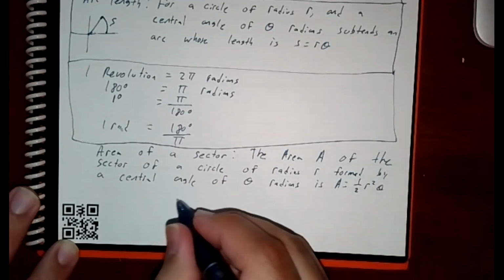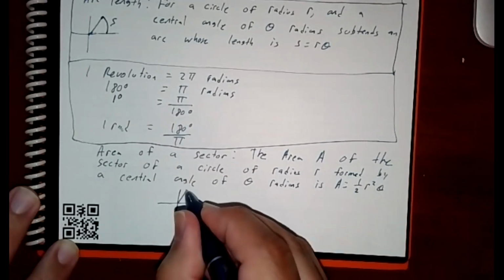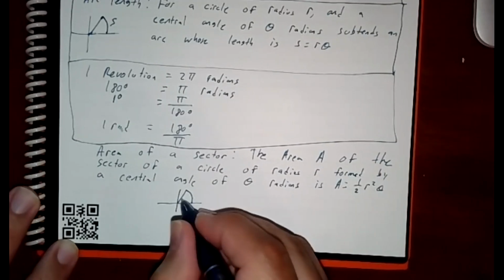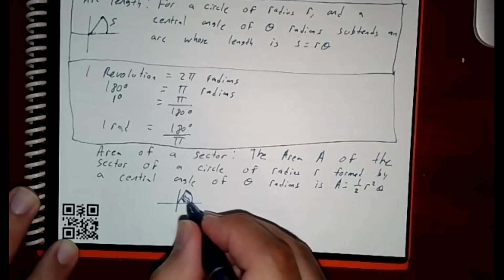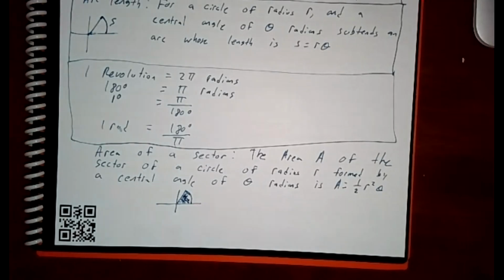And the sector is basically this area in here. Basically if you took a circle and took out a little pie slice, that is the area that we're interested in.